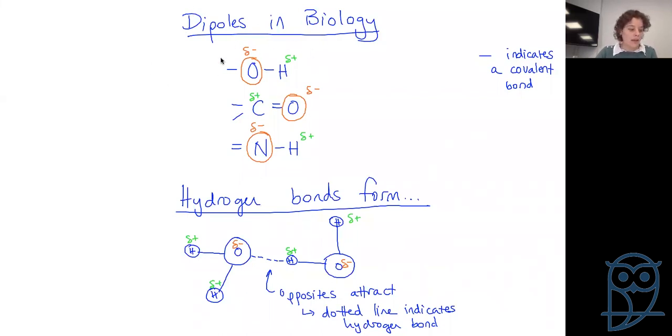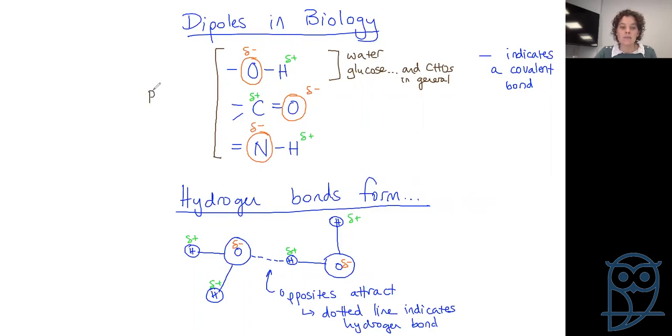Okay, so your OH is found in water. It's also found in glucose and many other carbohydrates. Okay, all three of these are found in proteins.